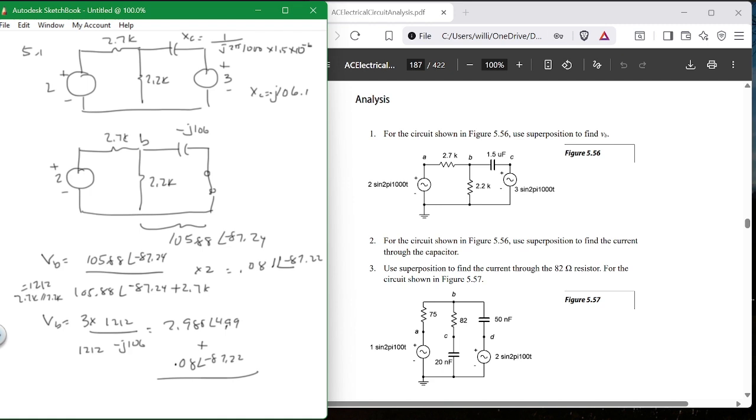Again, the magic calculator, okay? 2.988 at angle 4.99 plus 0.08 at angle minus 87.22 equals what? Option 1, 2.98 something at angle 3.